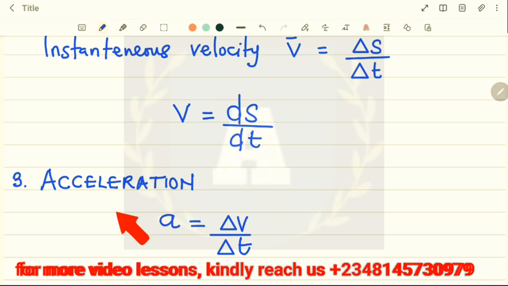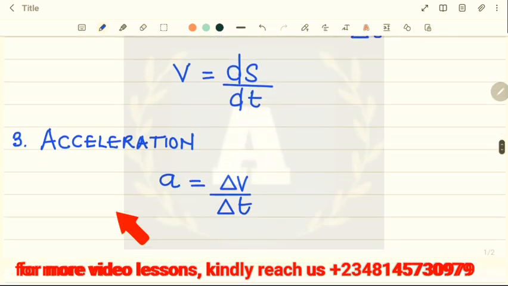Acceleration is also a vector quantity and has the SI unit meters per second squared, which can also be written in index form as ms raised to the power of -2.